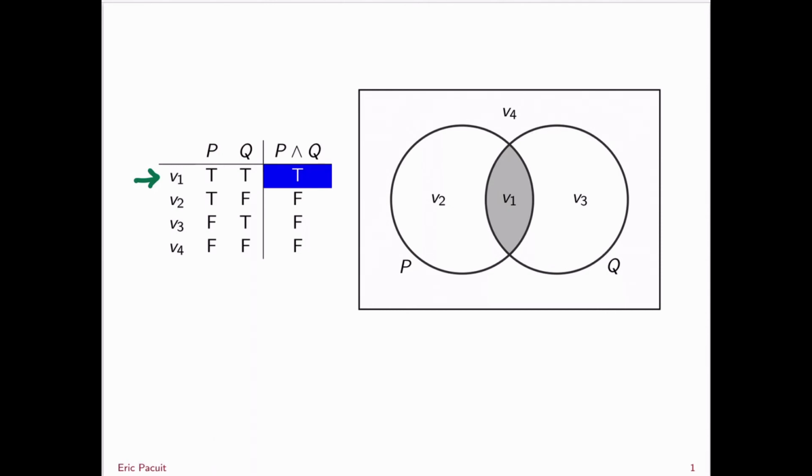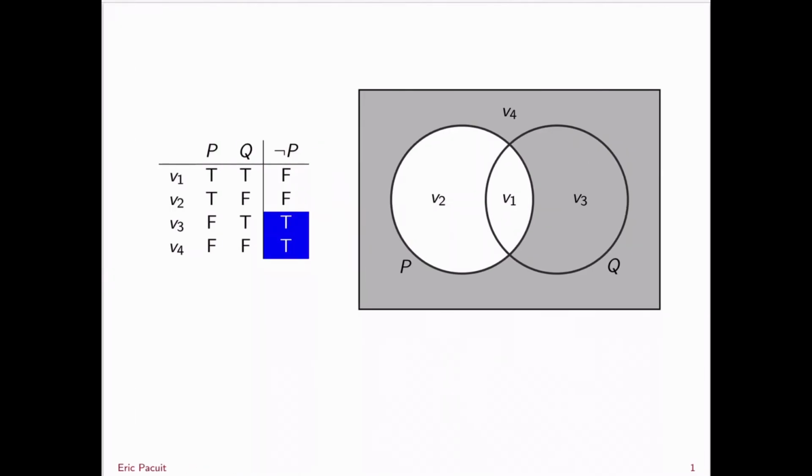There's only one, so we're going to shade the region containing V1. Not P corresponds to everything outside of P. So we're going to shade the region containing all the rows of the truth table that make not P true. Those are all the rows of the truth table that make P false.